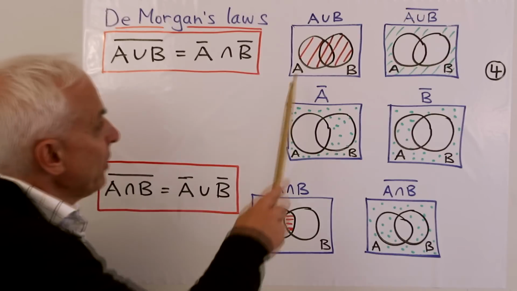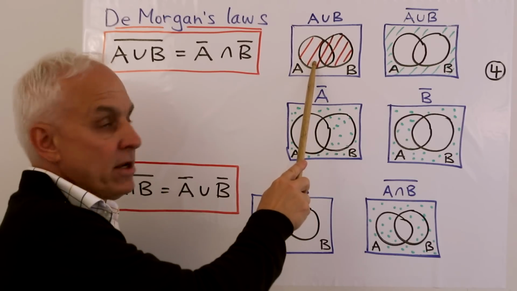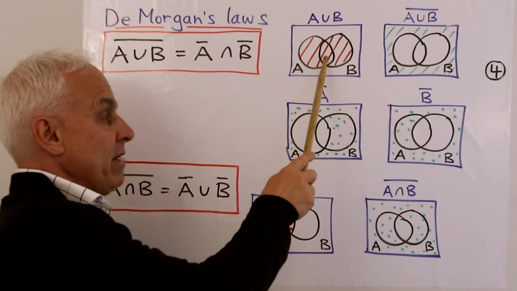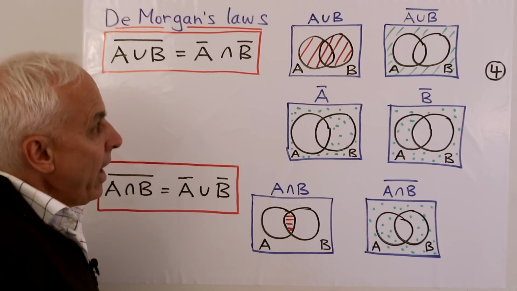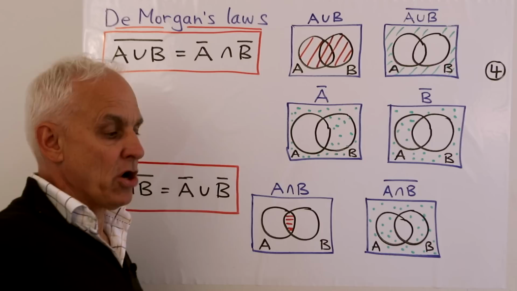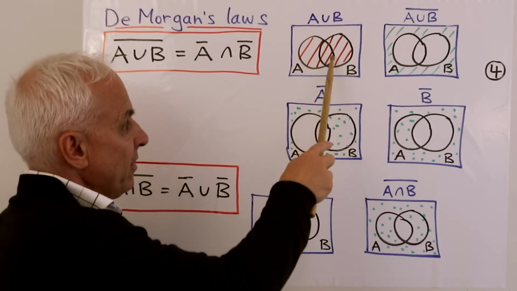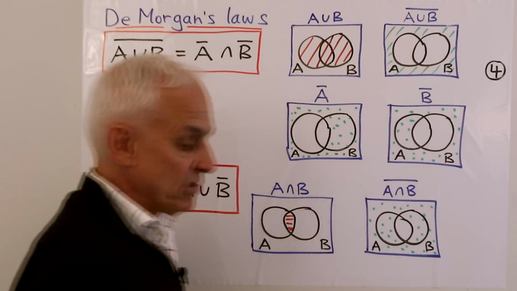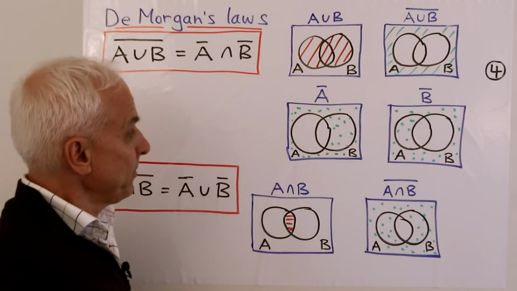Okay, so here in red we see A union B, the things that are either in A or in B, or possibly in both. So this is an inclusive OR. And here A union B complement, these are all the things which are not in A union B. So it's everything outside this one here, but still inside the universal set, which is represented by the box. So that's the set there in green.